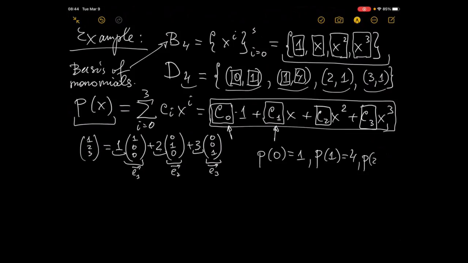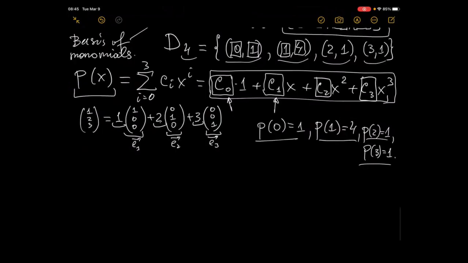P of 2 is equal to 1, and P of 3 is equal to 1 again. Do you understand what I'm doing? Where I got these equalities? Any questions? Because it's extremely important. This is what you will be doing during your homework, for example.